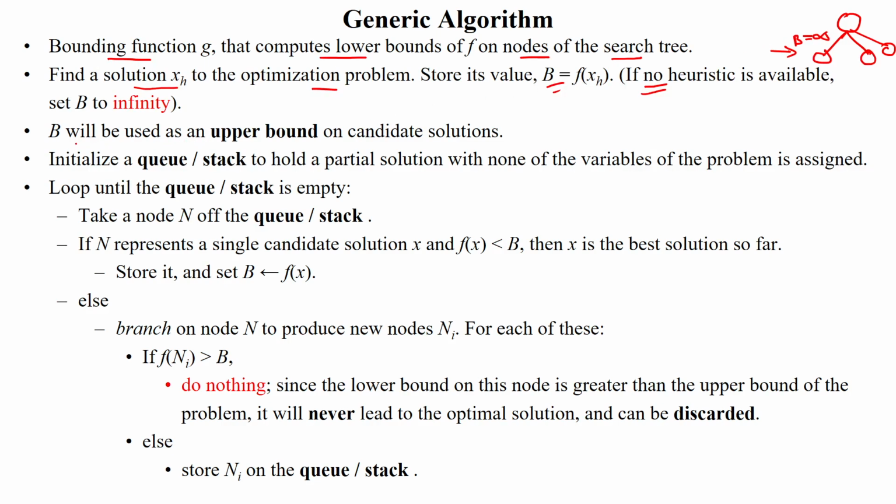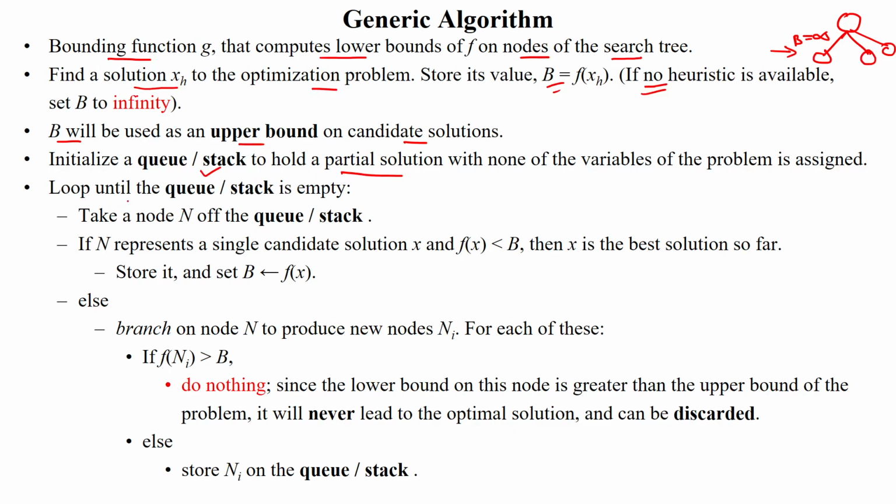After calculating the bounding value, we have to save it as the upper bound or lower bound for the candidate solution. If it is queue based or stack based branch and bound, we have to initialize the memory structure, a queue structure or stack structure, to save the partial solution of each and every path.